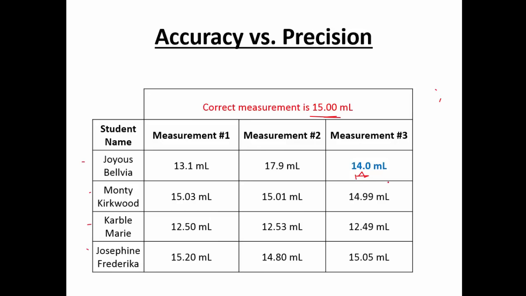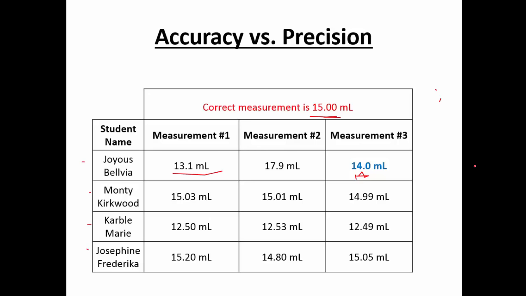What we're looking at is how these compare to one another. How do the 13 milliliters, the 17 milliliters and the 14 milliliters, those three measurements, compare? Or in the next one, Monty's 15.03, 15.01, 14.99, and Carbel's and Josephine's, how do they compare in accuracy versus precision?